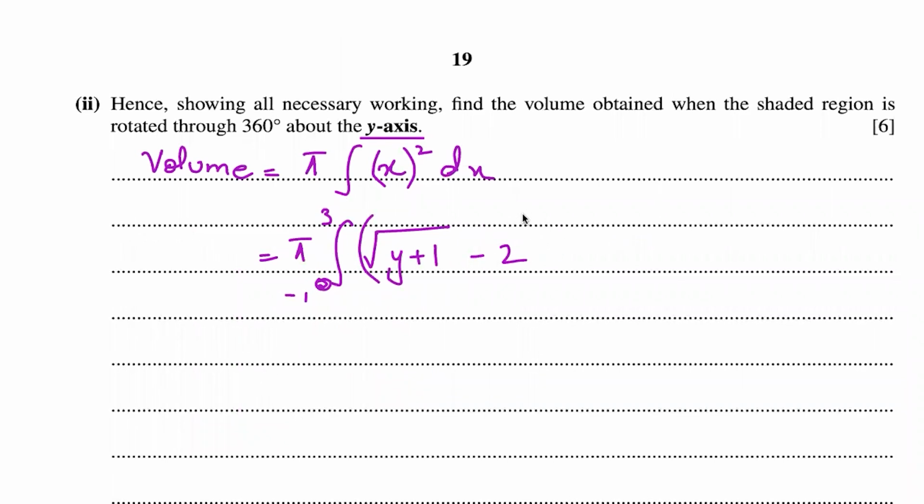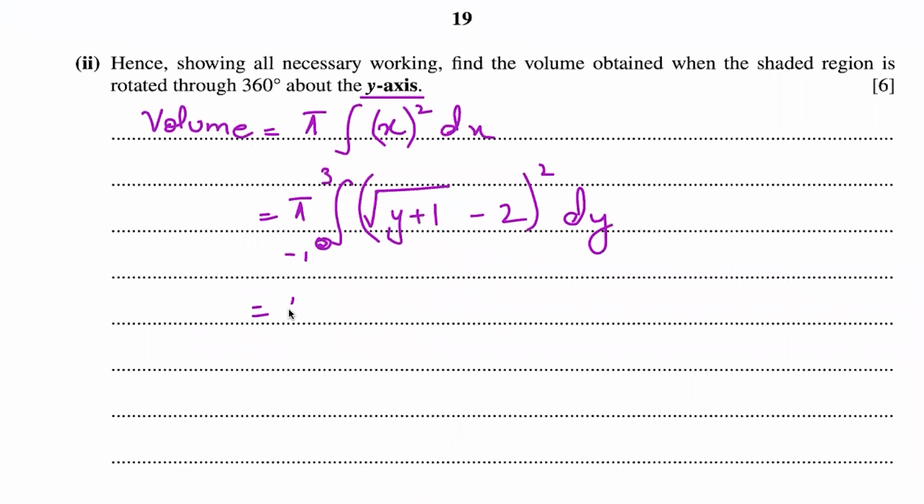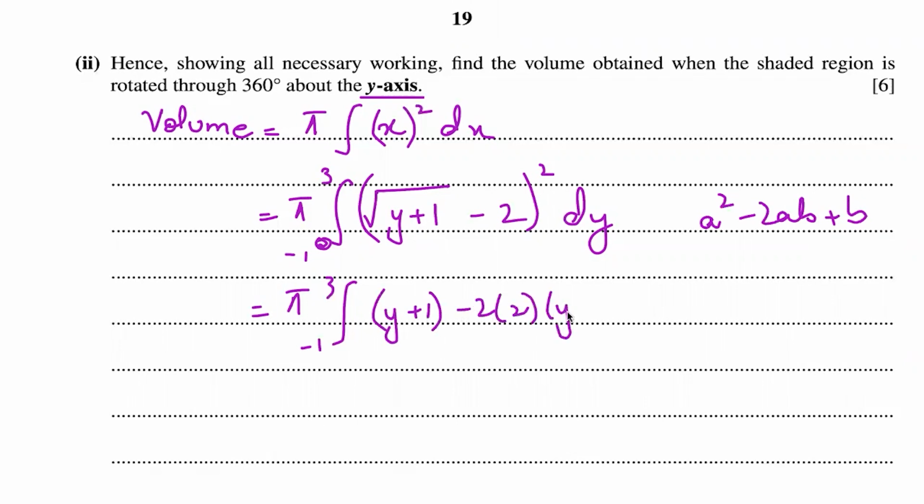First we have to square the whole function. Squaring the whole function, we can use the formula a squared minus 2ab plus b squared. So we get y plus 1 minus 2 times 2 into square root of y plus 1, plus 4.